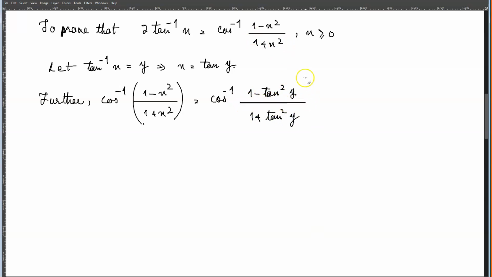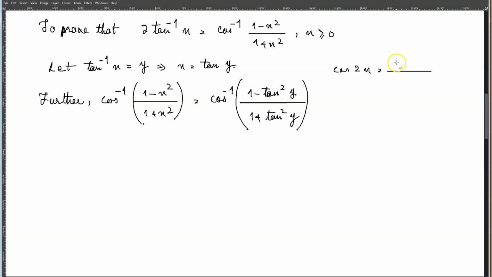And that is a trigonometric ratio related to some angle that we discussed before, some multiple of x. That's a trigonometric ratio related to the cos of 2x. So that's cos of 2x.